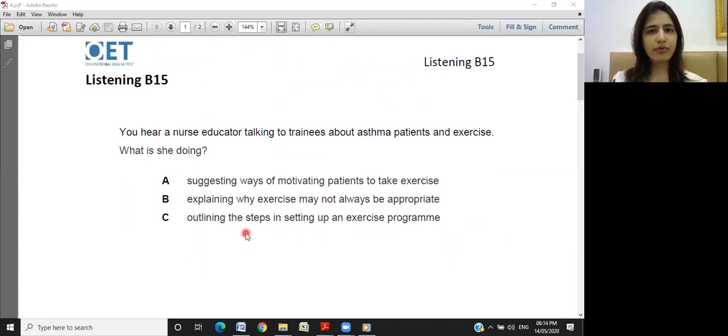How would you decide exercise programs? We didn't hear anything about an exercise program as such. Did we hear what kind of exercises? No, it was just about going on a walk, dropping their children to school, or walking during the lunch break. So there was no formal kind of exercise being discussed here, nor the steps in which you can set it up for them. So A is the correct answer, suggesting ways of motivating patients to take exercise. Yeah, A is the correct answer.